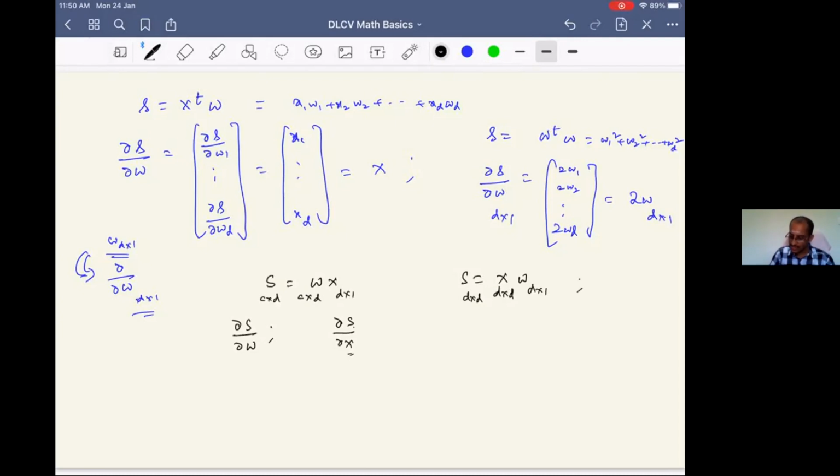In fact, we will also discuss some other scenario where S can be obtained as X transpose W X, where W is a matrix. This is D cross 1 and this is D cross D in between, and then this is 1 cross D, and the whole thing is 1 cross 1.